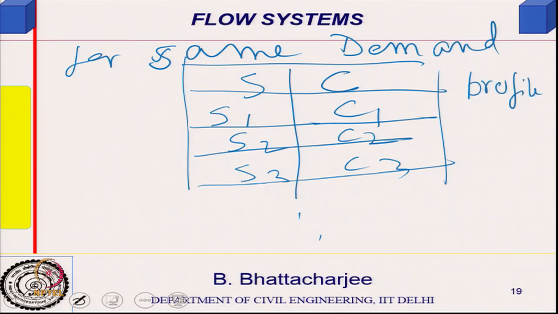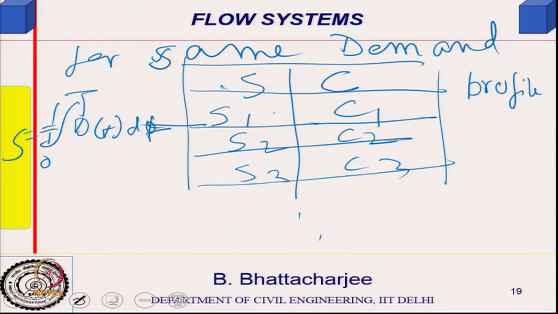For a given demand profile, I will have a set of these. Now, this would be simply, as I said, average, the minimum, the integral of d theta from 0 to t 1 over t, that is equal to S1. S2 would be now a higher supply rate, but this will go down. S3 will be still higher, this will go down and so on. So, for the same demand profile, I will have a set of these values.